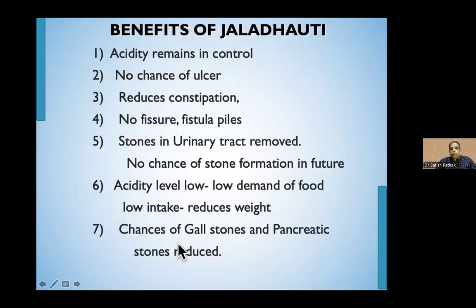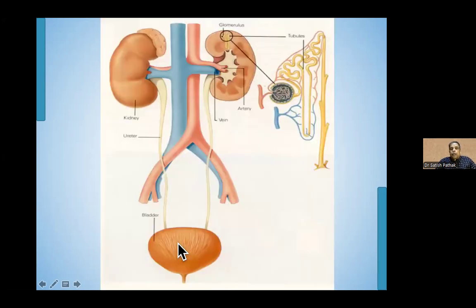If it is small in size, it will be thrown out. So if there is any small stone, it will be pushed out, and you will not get a stone problem. This benefit you get by doing Vaman.